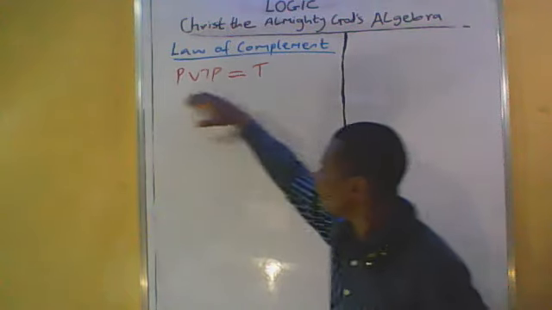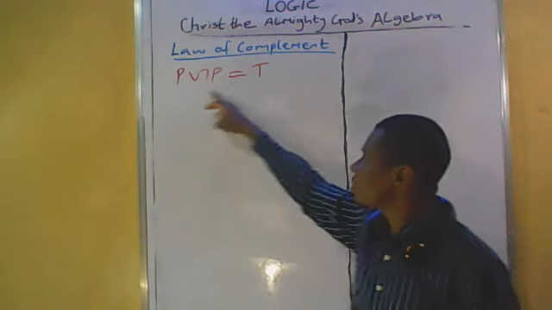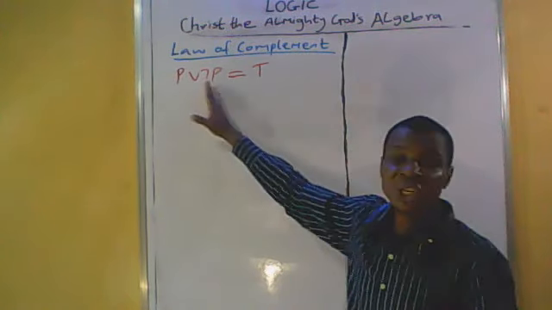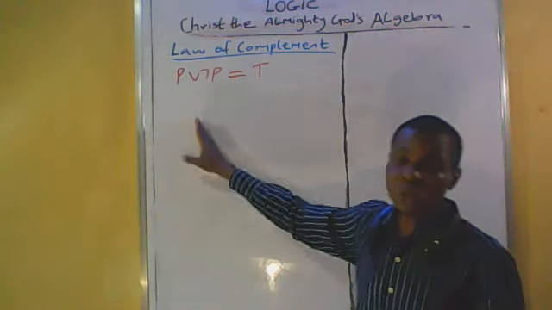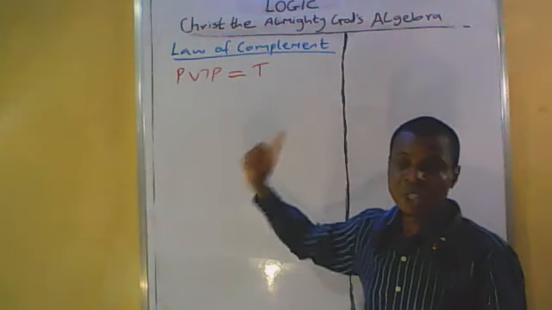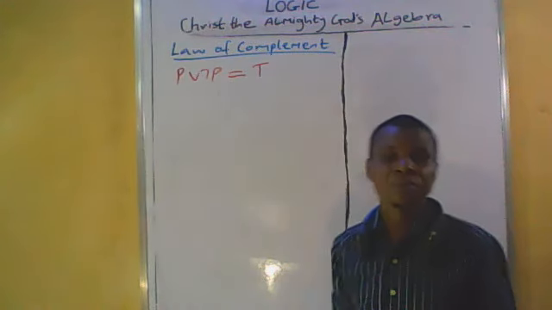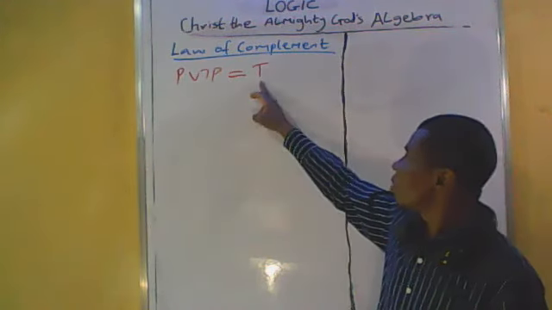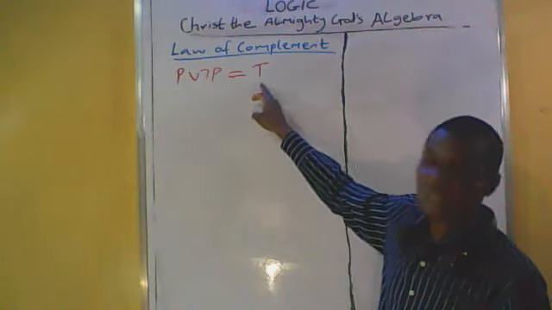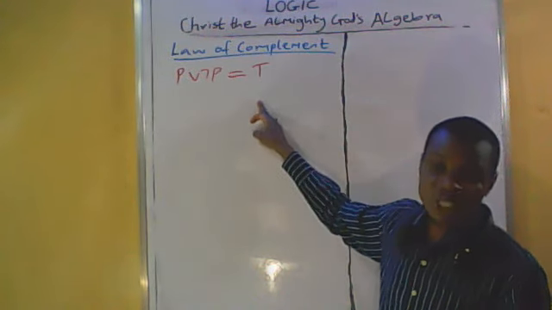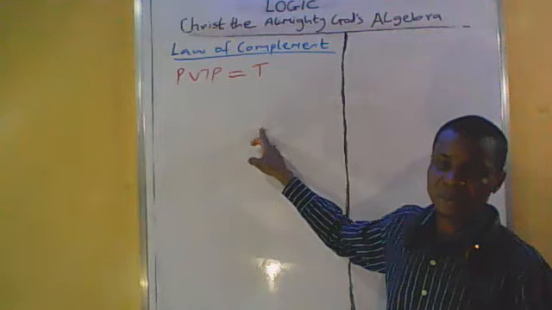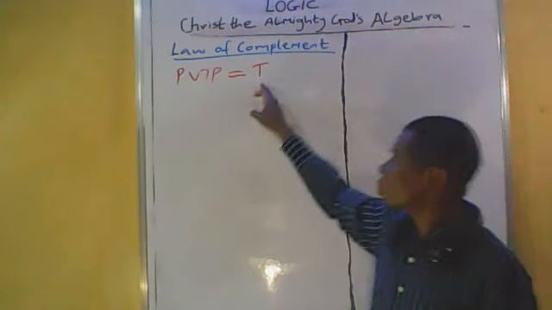But in this case, when you evaluate this P or not P, it will give us tautology throughout. There's no possibility of getting falsity when you evaluate P or not P. The same thing here, when you evaluate this T, it is constant. It always gives you T. And this one is constant, this one is also constant.